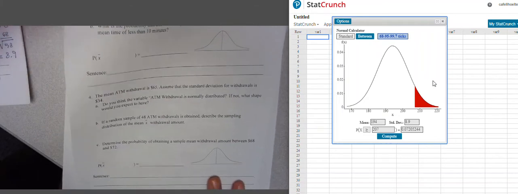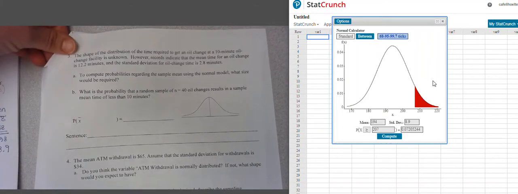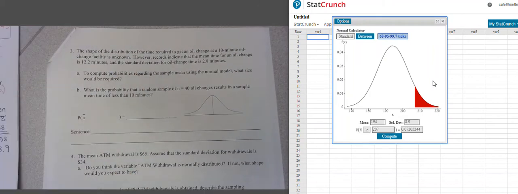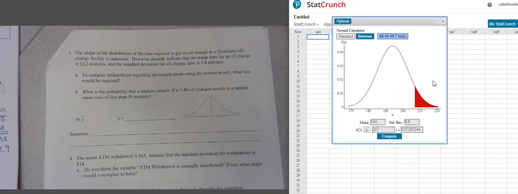Number 3. The shape of the distribution of the time required to get an oil change at a 10-minute oil change facility is unknown. However, records indicate that the mean time for an oil change is 12.2 minutes, and the standard deviation for the oil change time is 2.8 minutes.